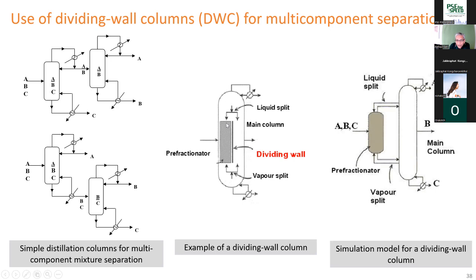And then the vapor from this goes to here, and the liquid from here goes to there, and the vapor from here goes to here, and the liquid from here goes to here. So here is the liquid going, here is the vapor going, here is the liquid going to the column, and here is the vapor going. So from a simulation point of view, this is how the process is simulated. But the actual process looks like this.